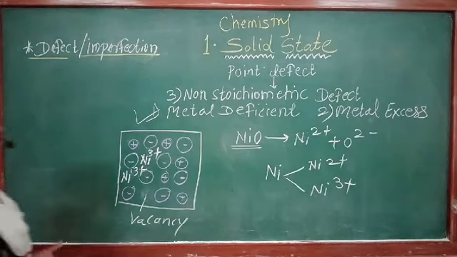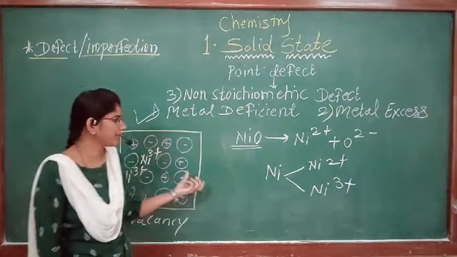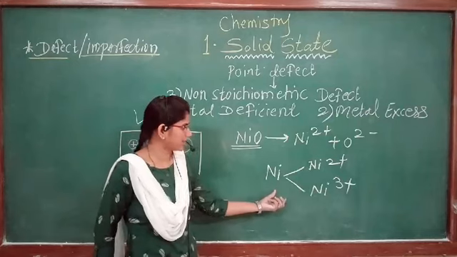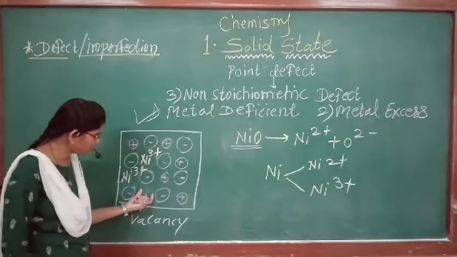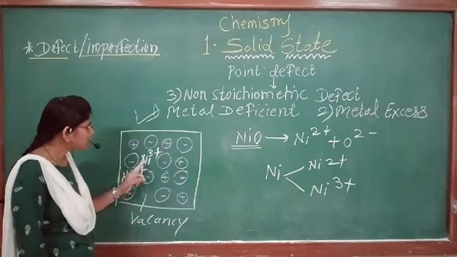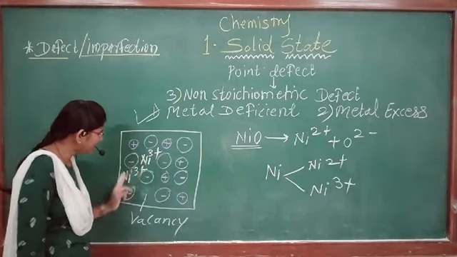That means in the metal deficient defect, the Ni shows the variable oxidation states +2 and +3, and therefore a +2 site becomes vacant when Ni2+ is replaced by Ni3+.